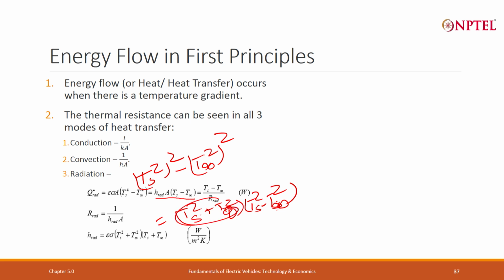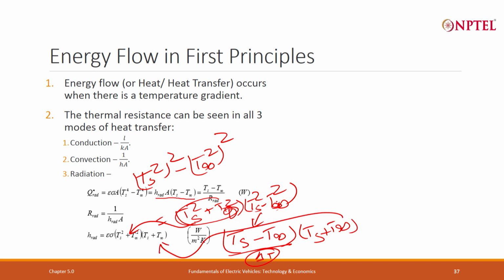Now this term gets converted into Ts minus T infinity, which for us is delta T, and into Ts plus T infinity. So this term has come here, and for H radiation, this term has come.